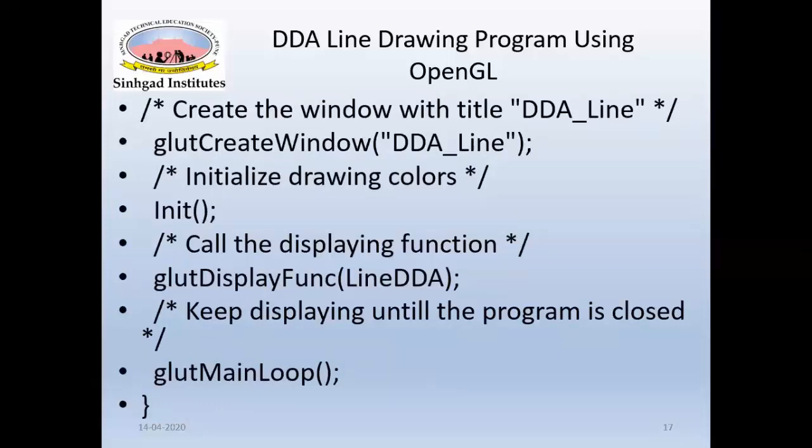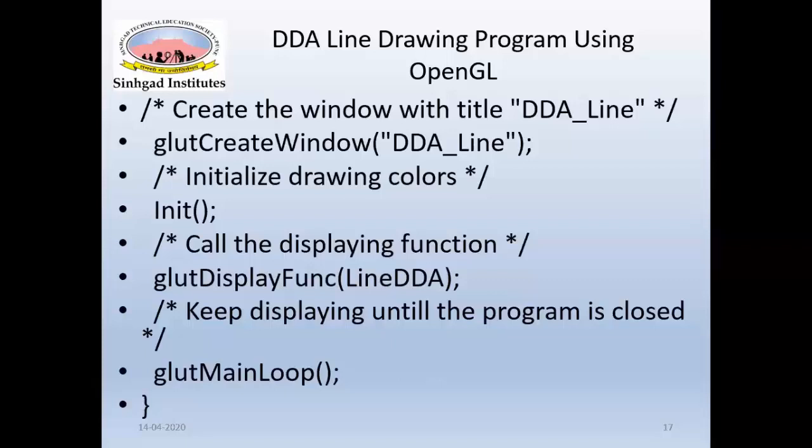Then we are calling glutCreateWindow with the title as DDA underscore line. We are calling the init function to initialize the drawing colors and all detail parameters of the output window. Then calling the display function. In the display function, we are calling our line DDA function.